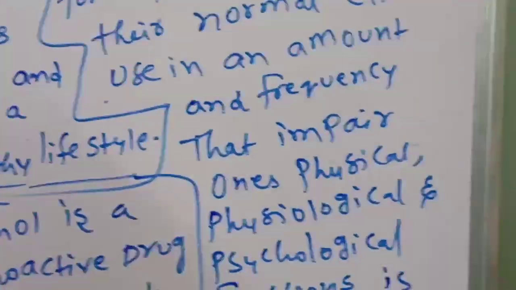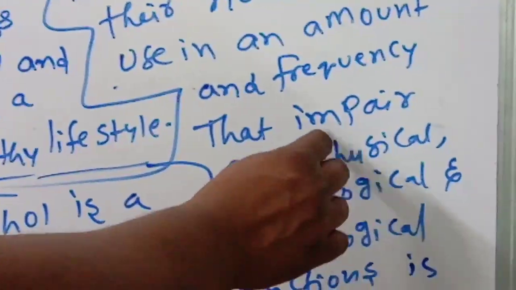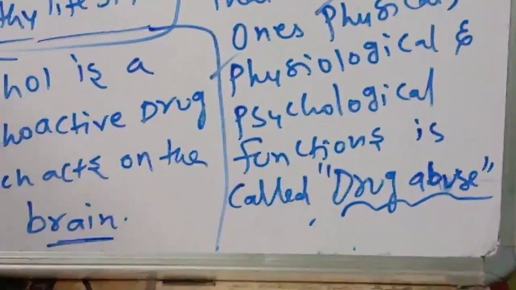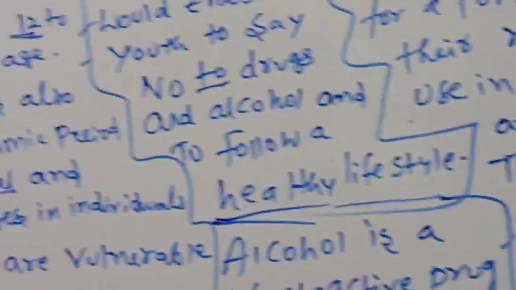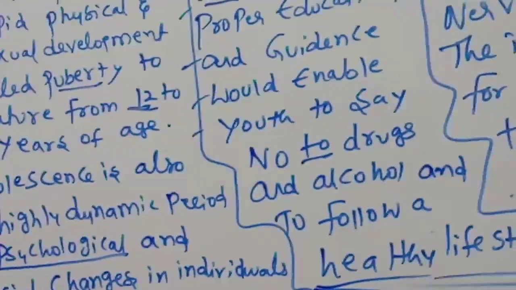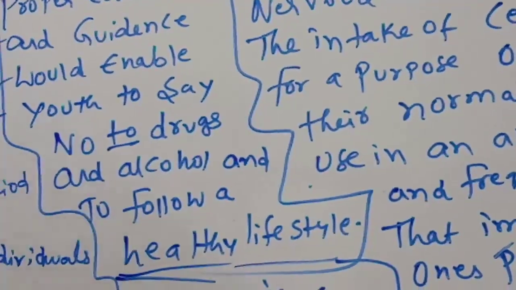If you take them purposefully in an amount and frequency that impairs one's physical, physiological and psychological functions, it is called drug abuse. From the therapy point of view, there is no problem. But if you deliberately take such drugs and they affect your physiological and psychological functions, it is called drug abuse.